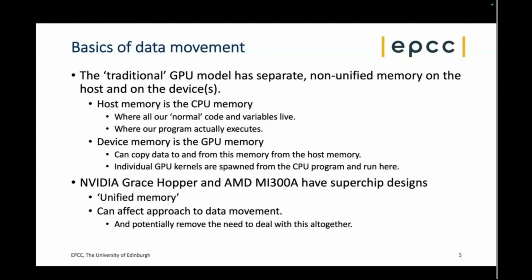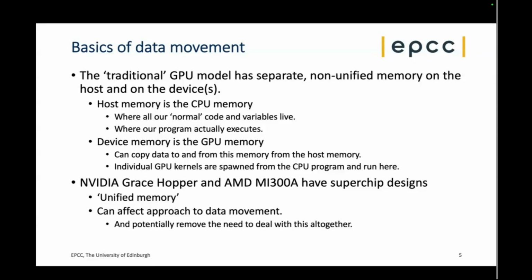The exception is some newer models of GPU, which instead have a very fast interconnect between the CPU and the GPU. In the case of the MI300A from AMD, they actually use the same memory, so both the CPU and the GPU access the same memory.